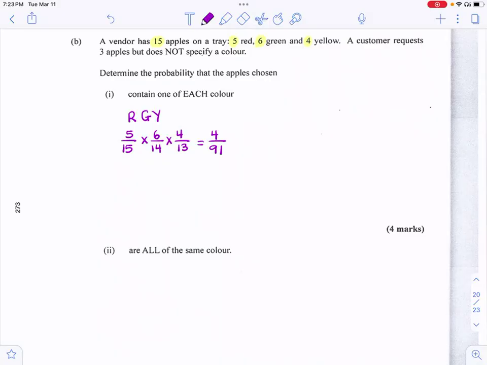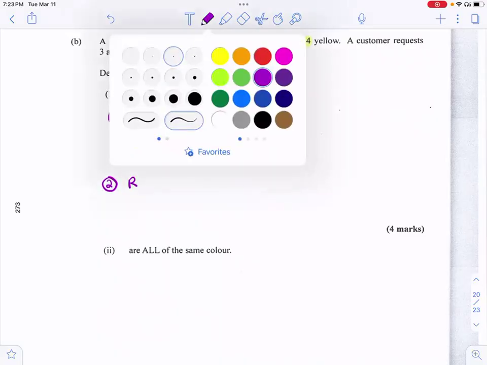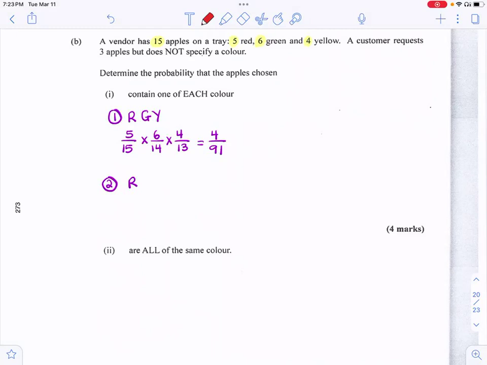Now, this is one combination. I could still choose red first. So for the other combination, instead of picking a green second, I could pick a yellow and then a green. I still pick red first. So this would be 5 over 15 by 4 over 14 by 6 over 13.